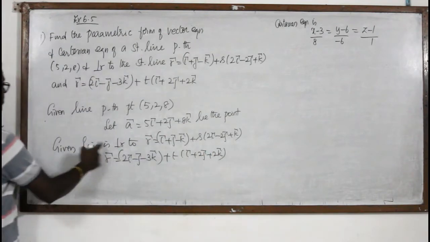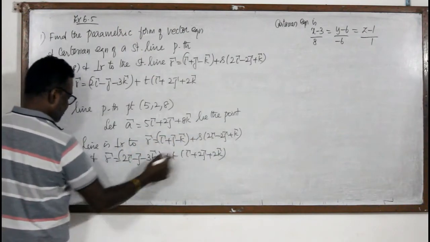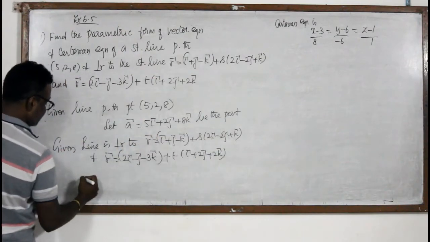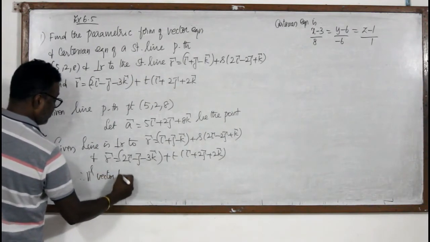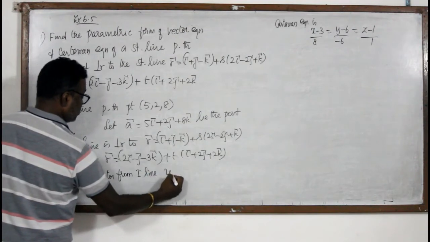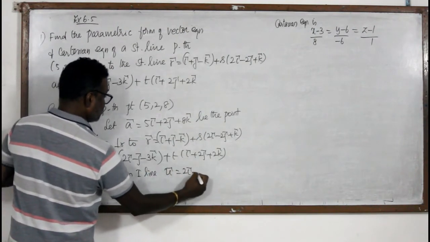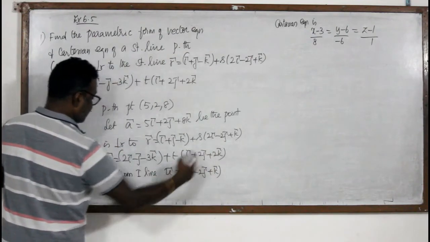Since I have to find the perpendicular vector, let me collect only the vectors. The parallel vector from the first line is u vector equal to 2i minus 2j plus k. The vector coming with the scalar is the vector.